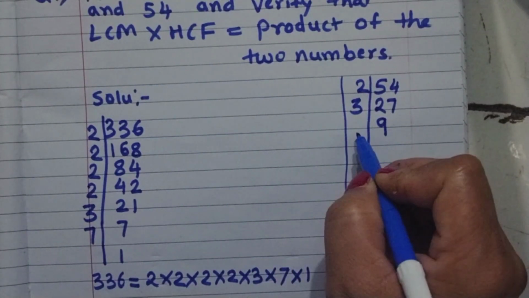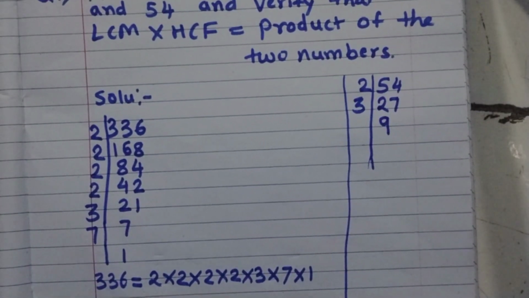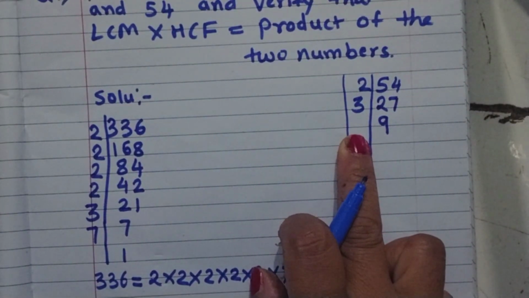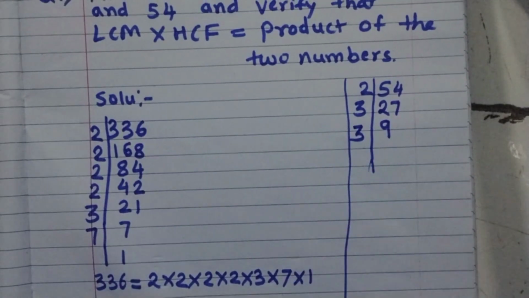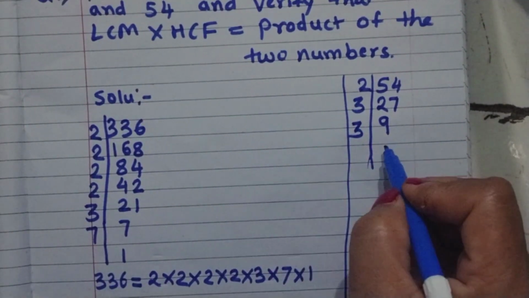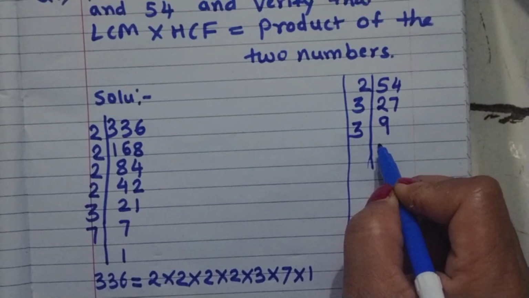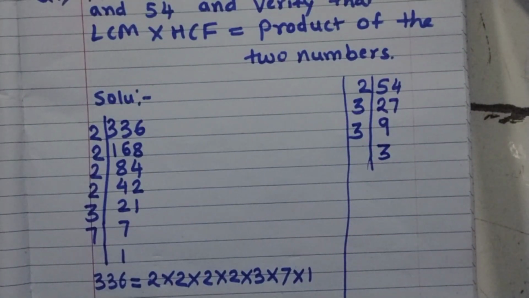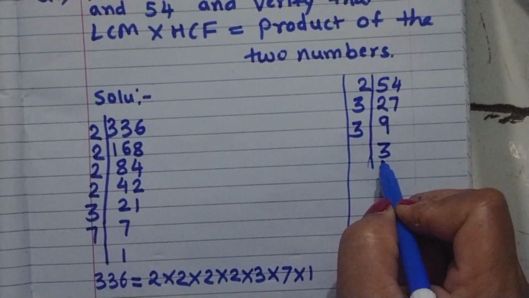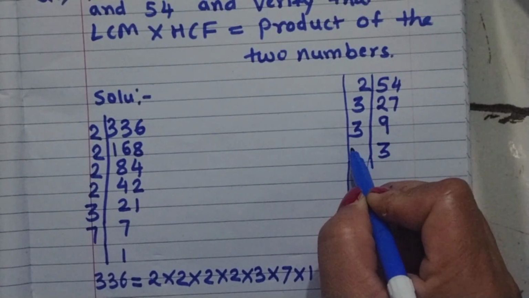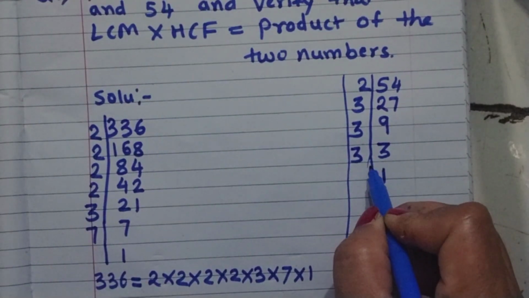Now again we start from smallest prime number, but division is not possible with 2. Next prime number is 3. So division is possible with 3. When 9 is divided by 3, we get quotient as 3. We write 3 below 9. Now 3 is prime number, so 3 is divided by number itself. When 3 is divided by 3, we get quotient 1. We write 1 below 3.